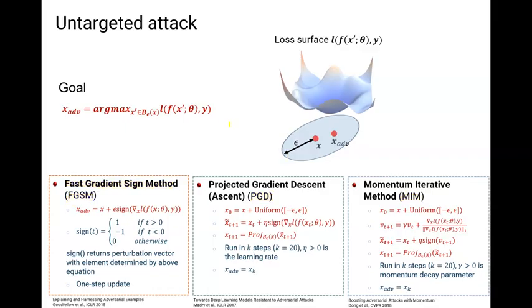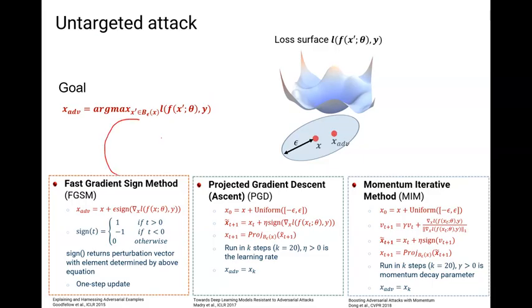So remember, let's start with the untargeted attack. We want our predictions to be as far away as possible from the ground truth. We want to maximize the loss away from the ground truth, and still within the neighborhood. So what does that mean?